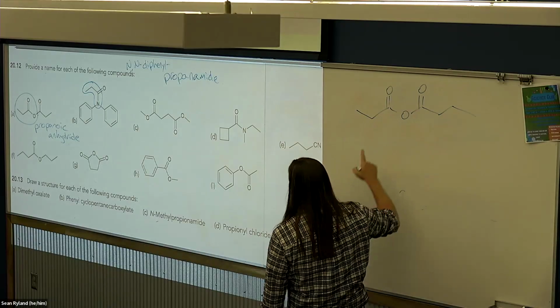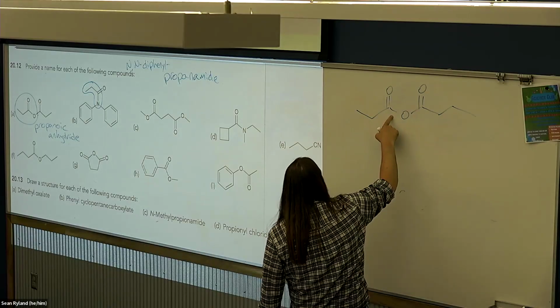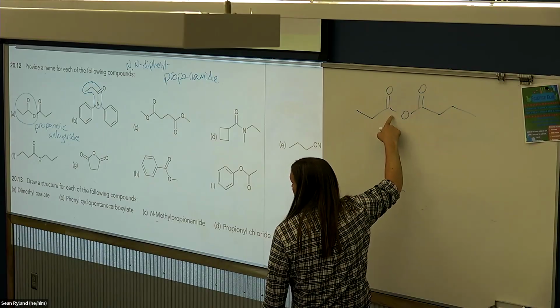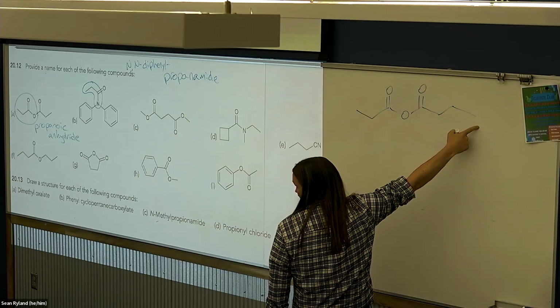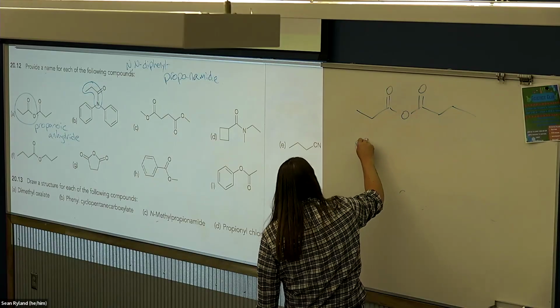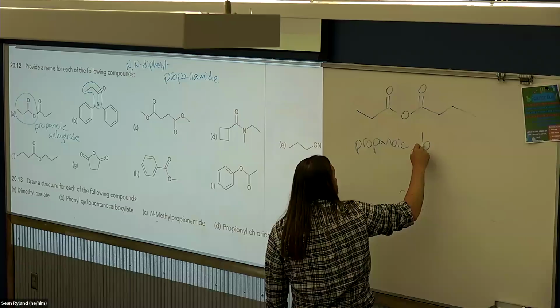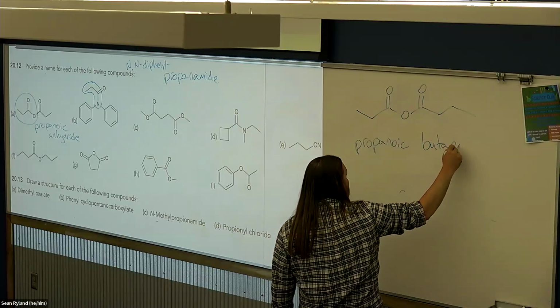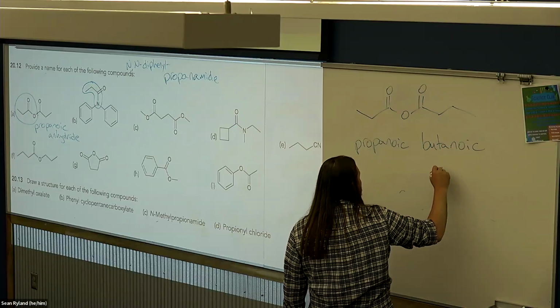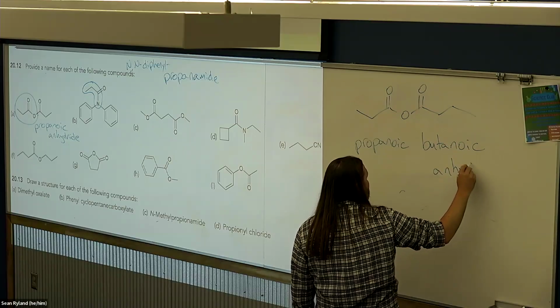So if it was this, that's propanoic on one side and butanoic on the other side. So that would be propanoic butanoic anhydride, all separate words.